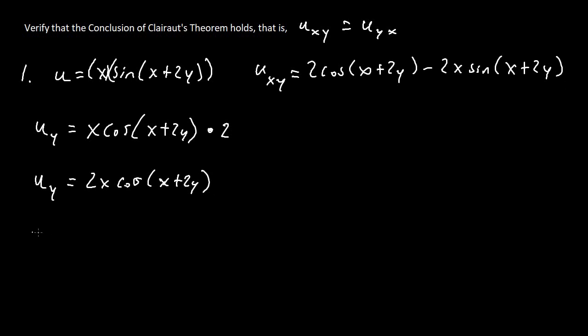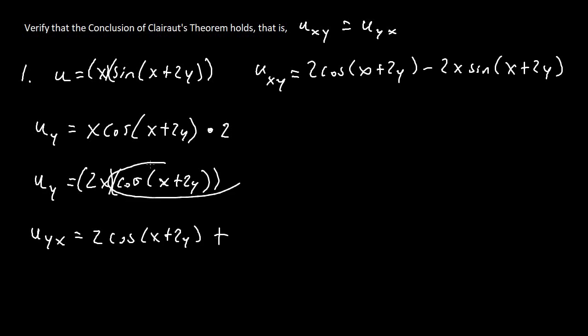And now we're going to find u sub yx. So the second derivative, we're going to derive with respect to x. Notice there are two separate functions here, two separate places where there are x's, so we're going to have to use the product rule. We take the derivative of the first function, which is 2, times the second unchanged, plus the derivative of the second function.